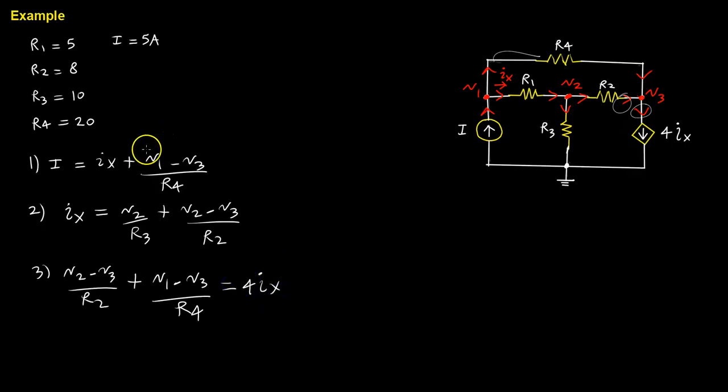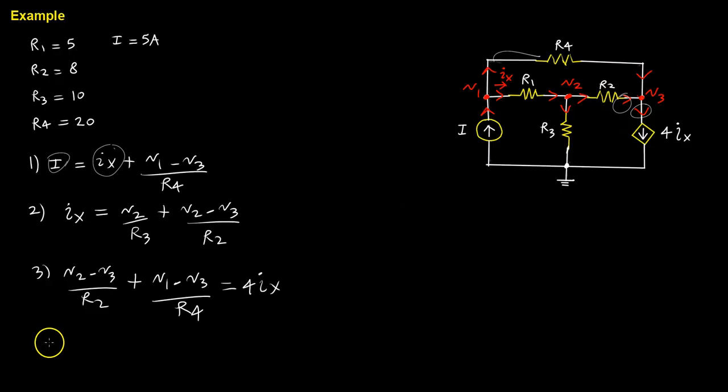Now let's look at how many variables we have. We know that I has a source and it has a value to it, so we don't worry about that as a variable. We know that we're going to have 3 voltage variables, so we have 3 equations for those, but we also have a current variable Ix, so we also need an additional equation for that.